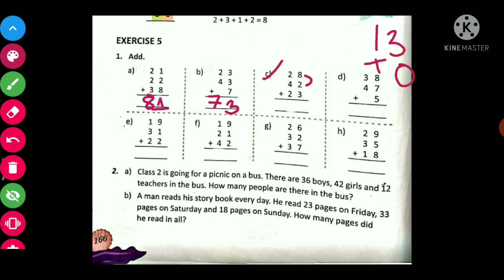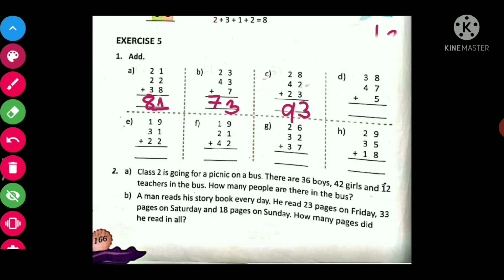So now we'll write 3 here, okay, and we'll send 1 there. Now 1 plus 2, it will be how much? 3. 3 plus 4, 7. 7 plus 2, 9, right?